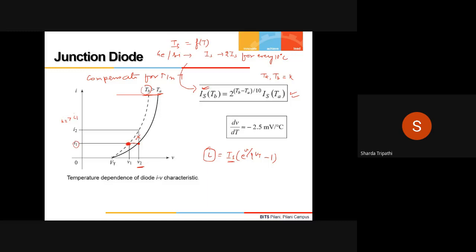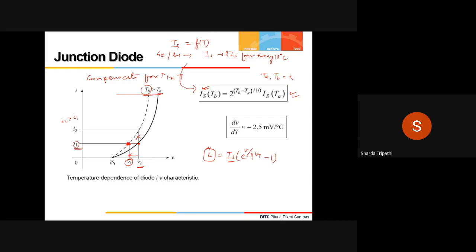It intersects at this point, to which we have the corresponding voltage V1. That means because of the increase in temperature, if I don't want my current to increase, then I should reduce my value of voltage.